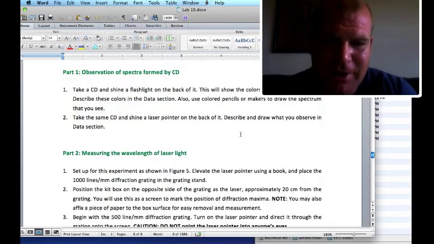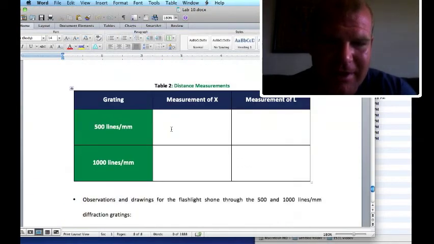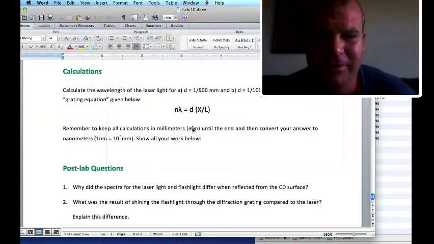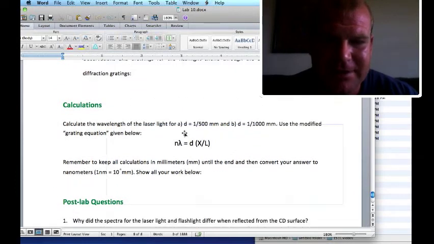The distance between the laser pointer and that primary dot is your x. L is then this distance here. Then you do the equations, where n is the order number, using the grating equation, with dx divided by L. From this, you should be able to get the wavelength in millimeters.